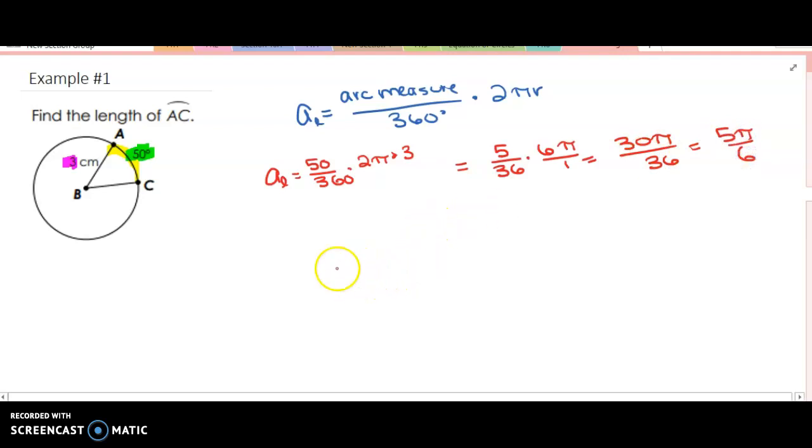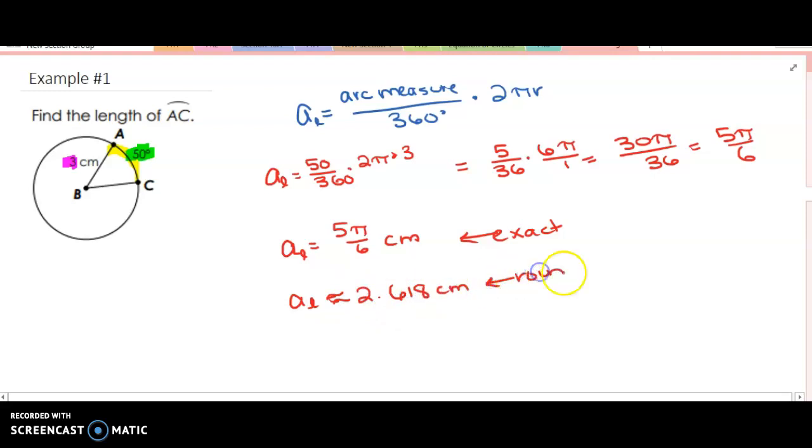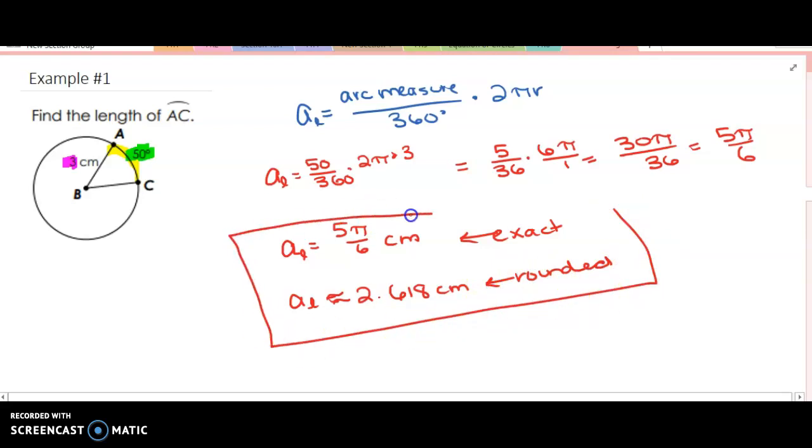So if I wanted the exact measure, the arc length is 5 pi over 6 centimeters. This would be exact. If I wanted to round, I would put 5 pi over 6 into my calculator, and you'd get roughly 2.618 centimeters. That would be rounded. So depending on what you're looking for, this would be your final answer.